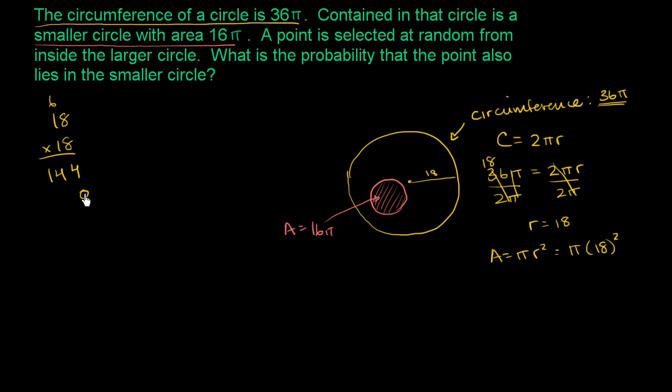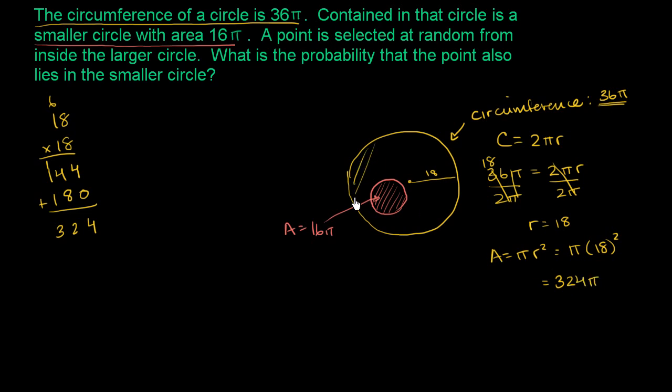And then we put that 0 there because we're now in the tens place. 1 times 8 is 8. 1 times 1 is 1. And really, this is a 10 times a 10, that's why it gives us 100. But anyway, 4 plus 0 is a 4. 4 plus 8 is a 12. And then 1 plus 1 plus 1 is a 3. So it's 324. So the area here is equal to pi times 324, or we could say 324 pi.